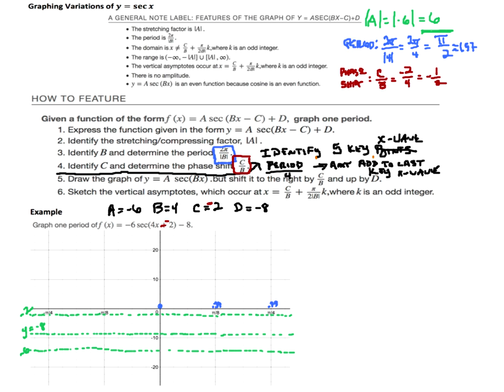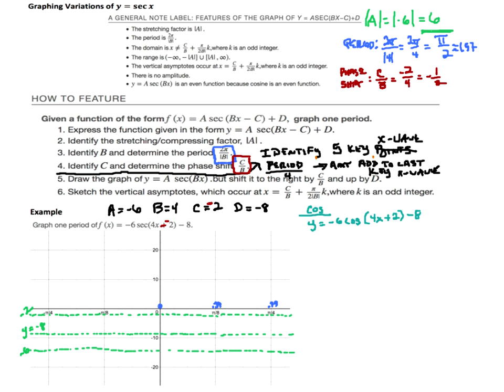All right. So let's start with the graph of the cosine function here. Let me get a different color. Okay, so the cosine that's weaving between those boundaries that the absolute value of A gave us is y equals negative 6 cosine of 4x plus 2 minus 8.